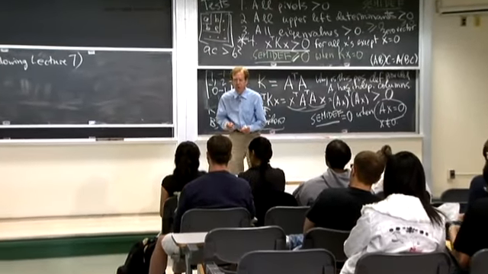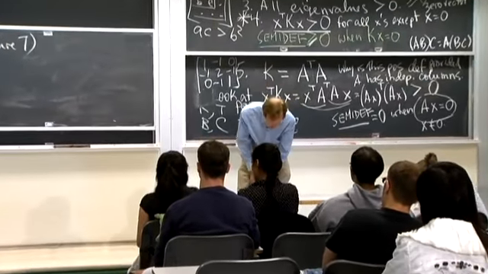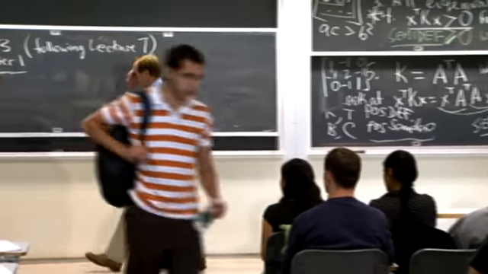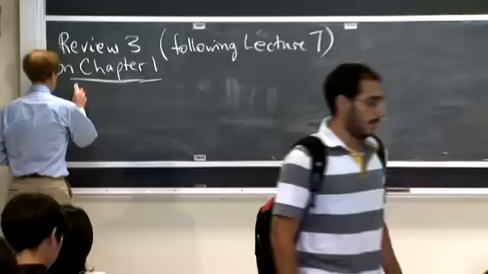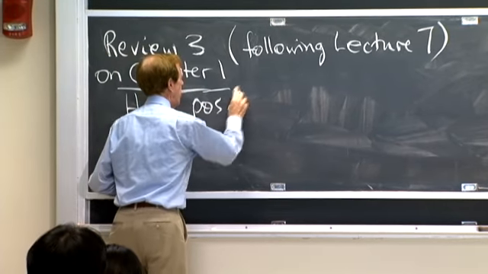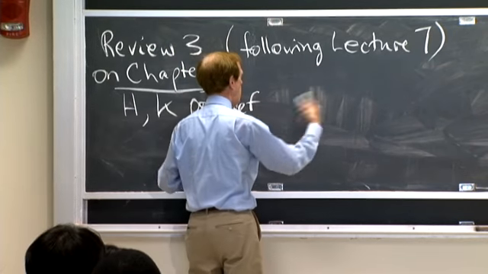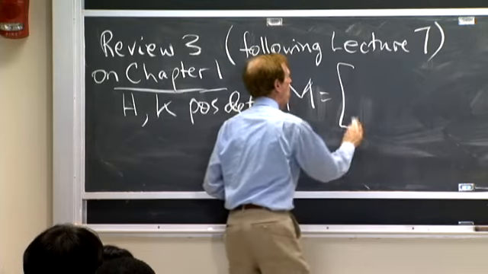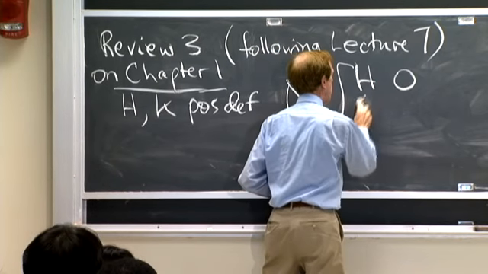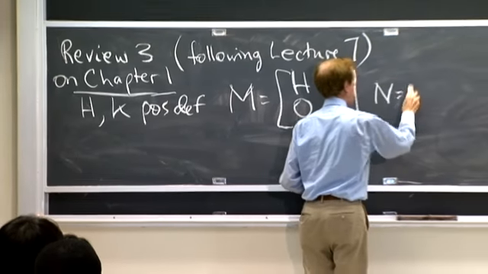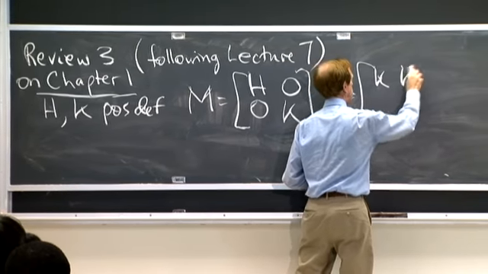May I just put on the board what the central question is? Just put these matrices up. We're given that H and K are positive definite, and then the question is, what about these block matrices? Do I call them M and N? One is the block matrix that looks like that, and another one is the block matrix that looks like this.